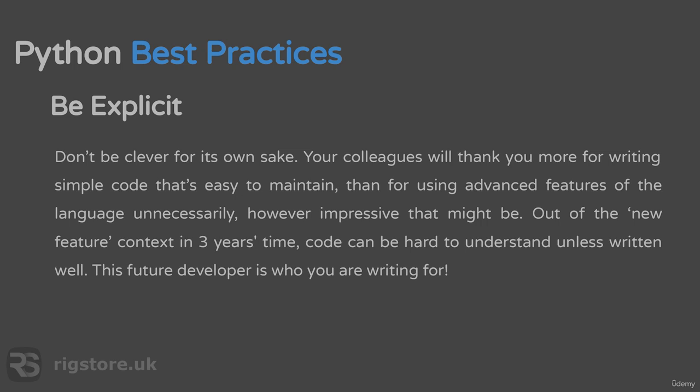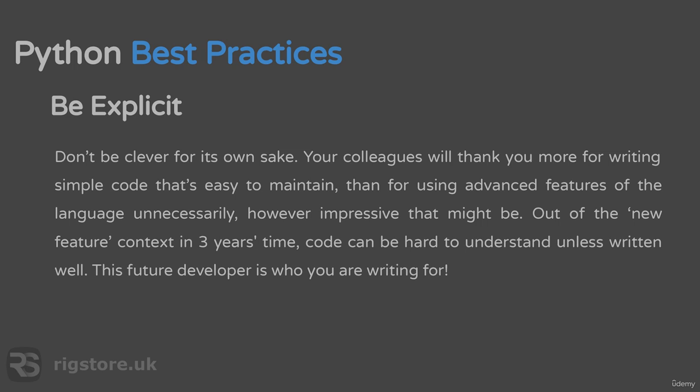So what we're basically saying is don't be clever for your own sake. You might be very clever, but context is key. You being clever now, and knowing what you're writing, is not you in 5 years who can't remember what is going on in this line of code. Your colleagues will thank you more for writing simple code that's easy to maintain than for using advanced features of a language unnecessarily, however impressive that might be.